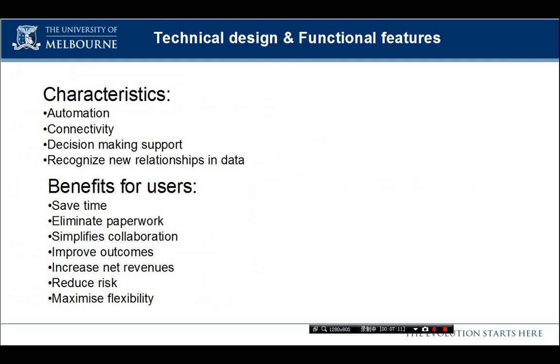As a whole, the chronic disease management network has some characteristics. The first is automation. The second is connectivity. The third is decision-making support. The fourth is recognizing new relationships in data.